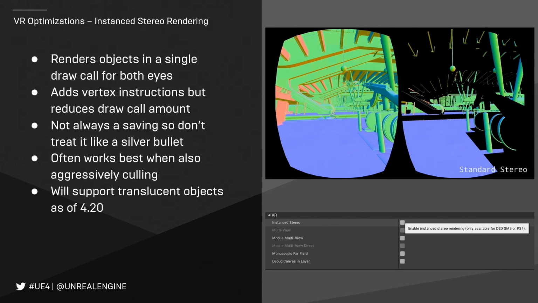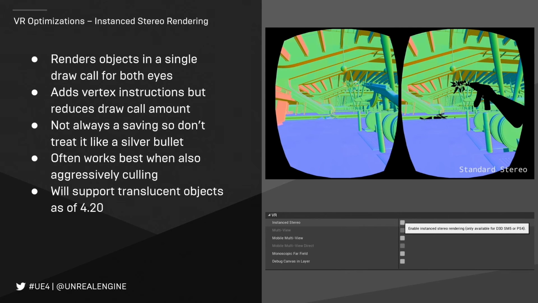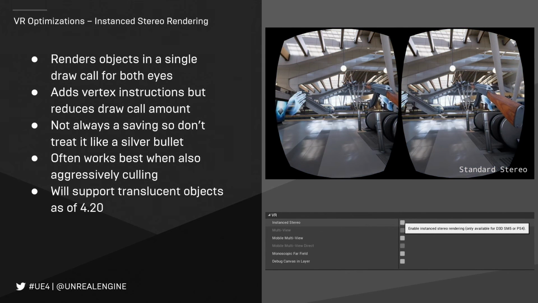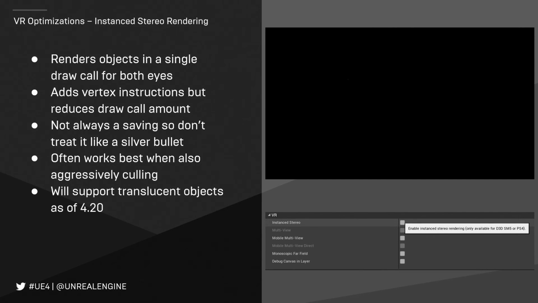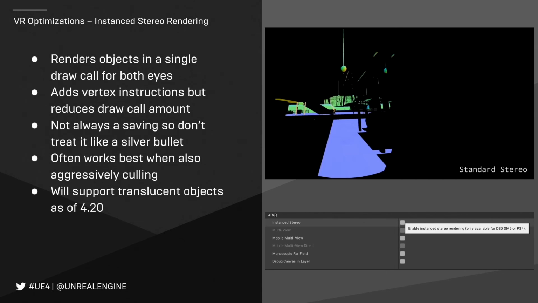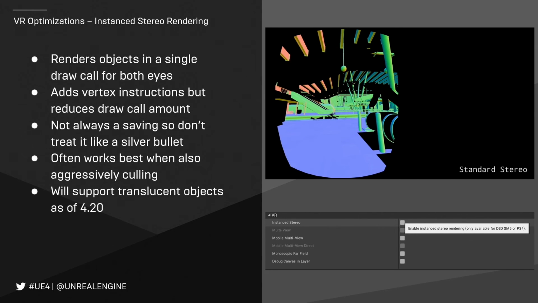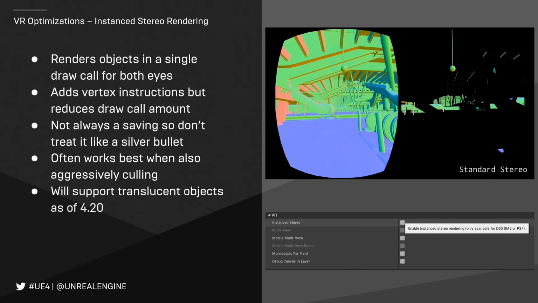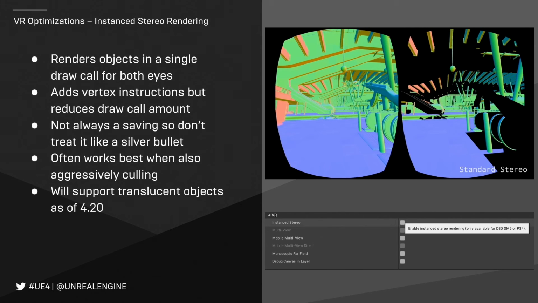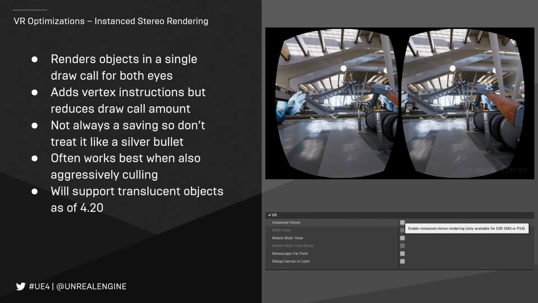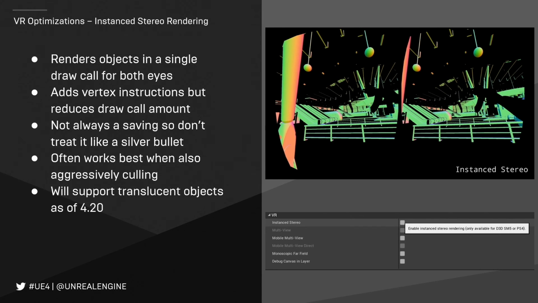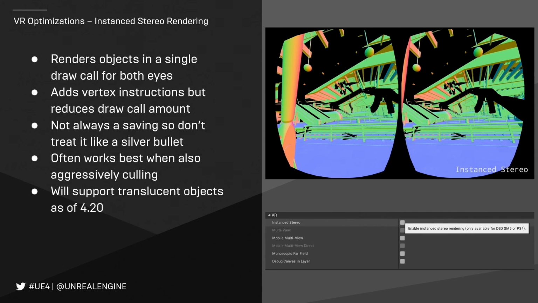If you enable instant stereo rendering, anything that's far away will get rendered in a single pass, and it will use a vertex shader to move it to both eyes. So you'll see here that when it uses instant stereo rendering, it renders both eyes at once in a single draw call. Okay? This is very, very useful and it's simply a VR optimization you can enable.